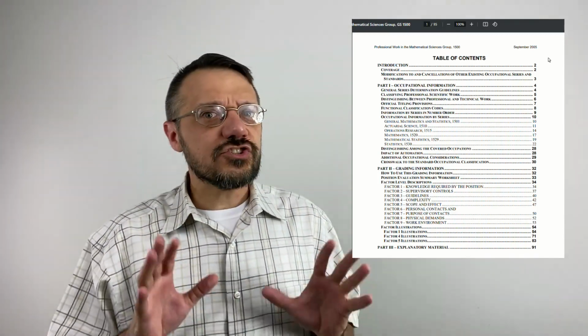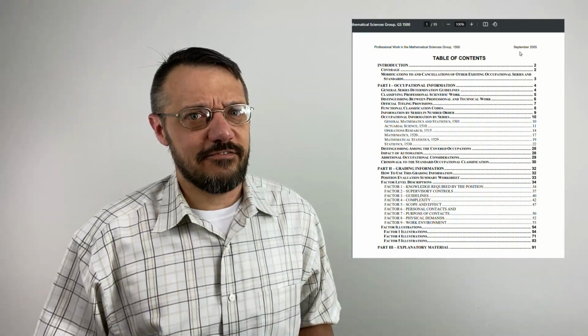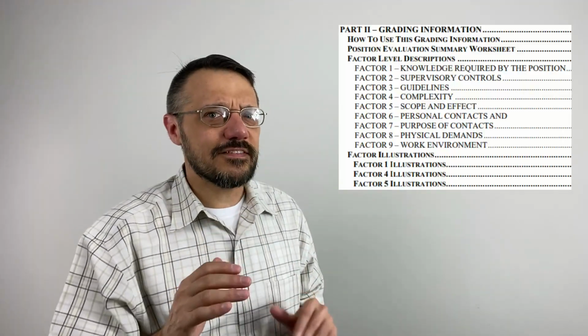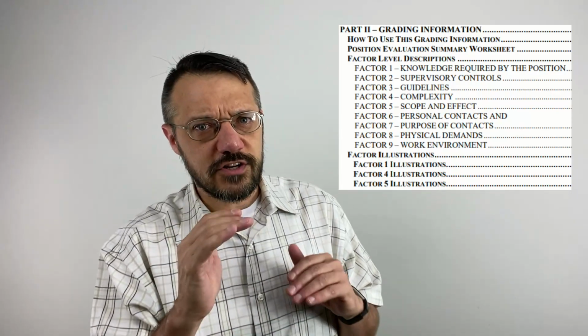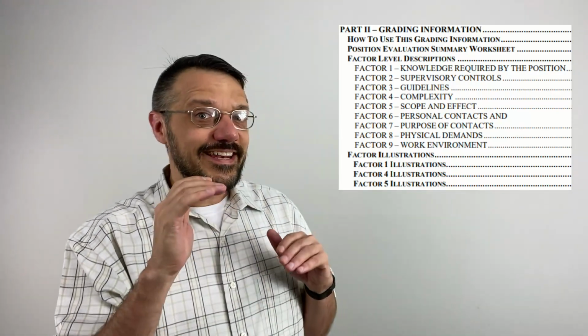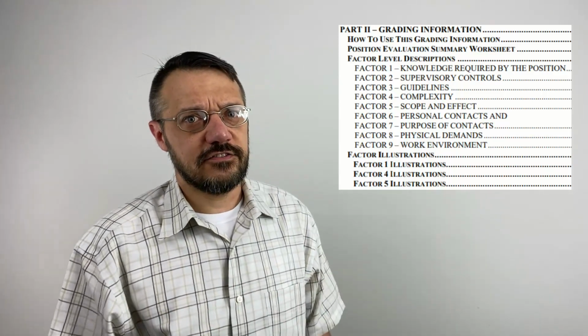And now we start to get to the real time saver. If you take a look at the table of contents, and particularly part 2, you'll see that there are 9 factors. And here's the thing that nobody tells you the first time that you sit down to write a position description: your position description has to explicitly address each of these 9 factors.